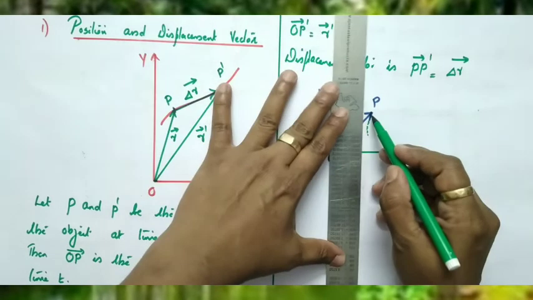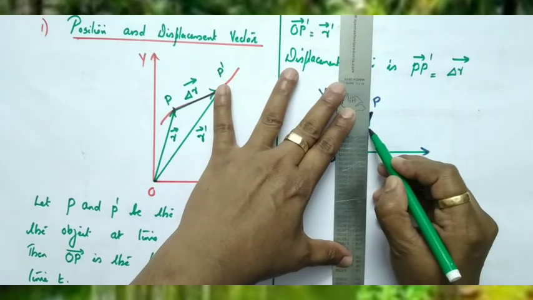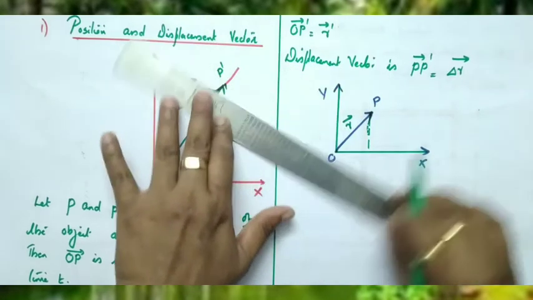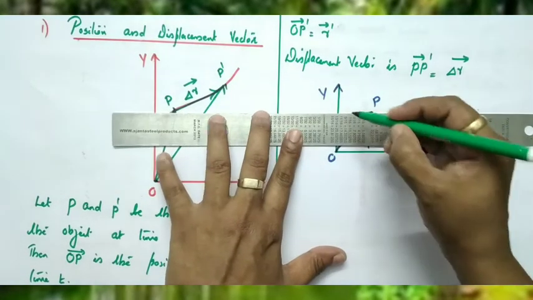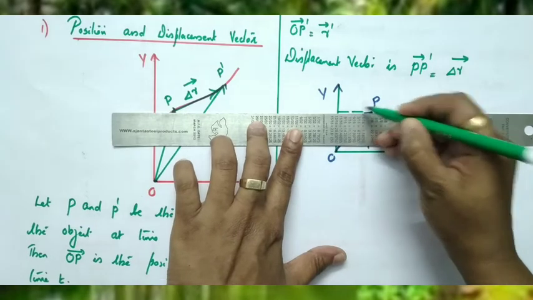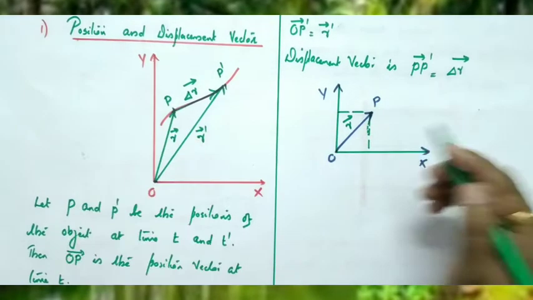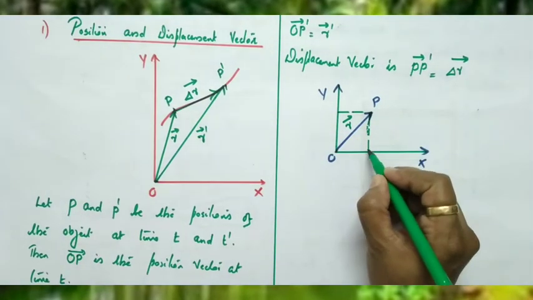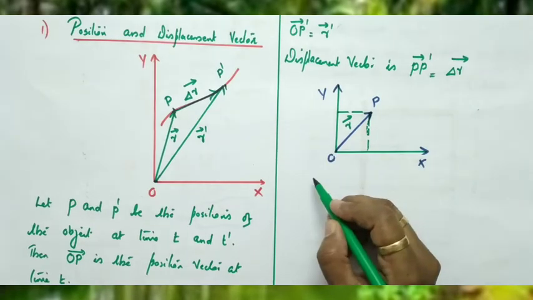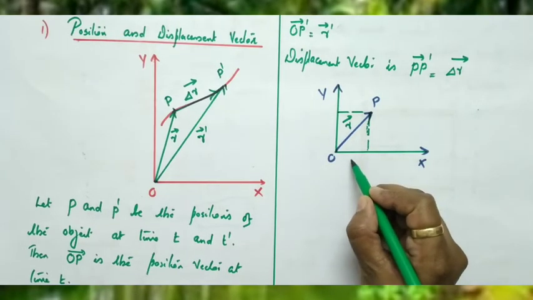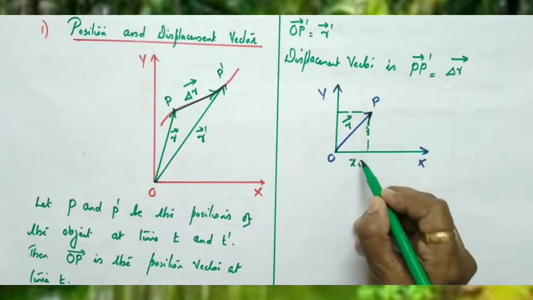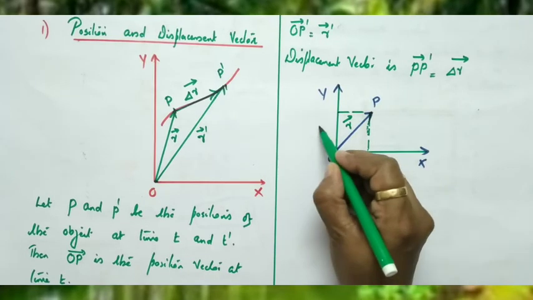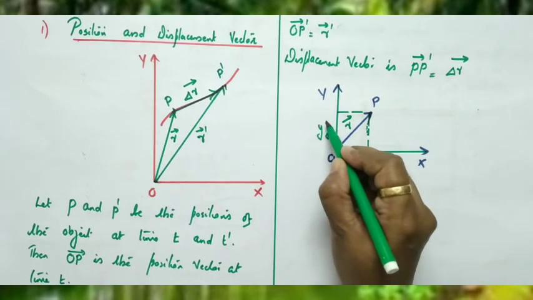We can draw its x component like this. This represents the x component of the position of the object and this represents the y component. Isn't it children? The x component is represented like this, x i cap, and here the y component is y j cap.